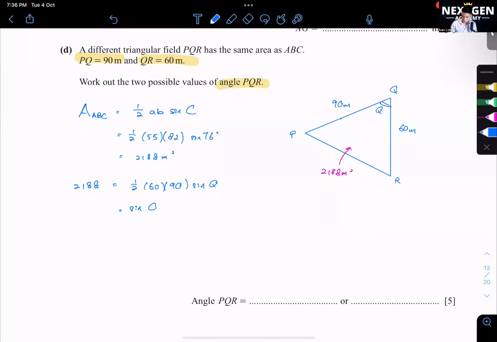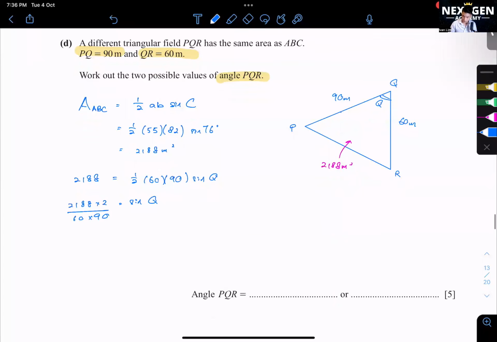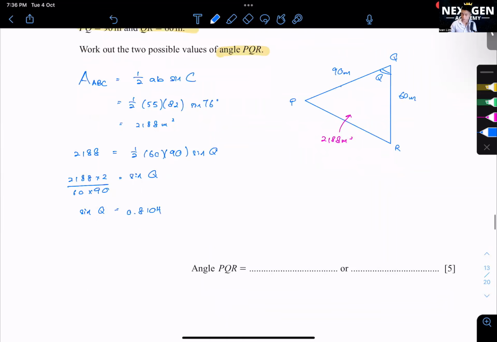Sine Q is equal to, just rearrange the whole equation, 2188 times 2 over 60 times 90. Sine Q will be equal to 0.8104. And then, okay, why does this one have two answers?